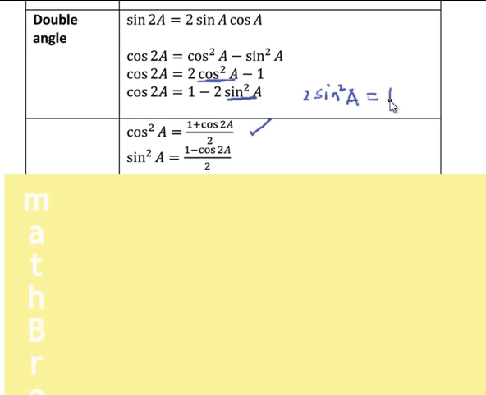I still have this 1 on the right, and now subtract cos 2a. So I'm just moving this formula around. Now divide both sides by 2, and we get what we have over here. Sine squared a is equal to 1 minus cos 2a divided by 2. So that's how we get this formula.